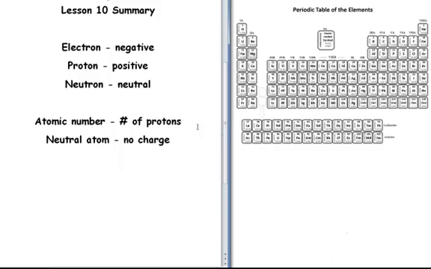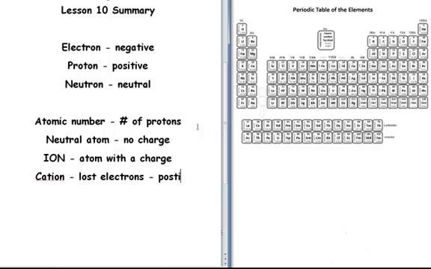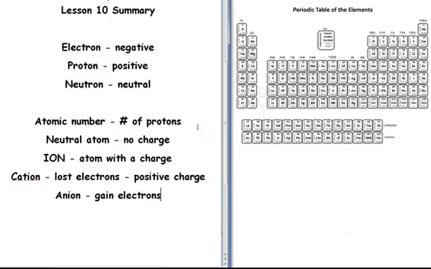However, if the electrons decide to come and go, then instead we have an ion because we have an atom with a charge. There are two specific kinds of ions. There's a cation, which means we have lost electrons, and we have a positive charge. And there are also anions, which means we have gained one or more electrons and have an overall negative charge.